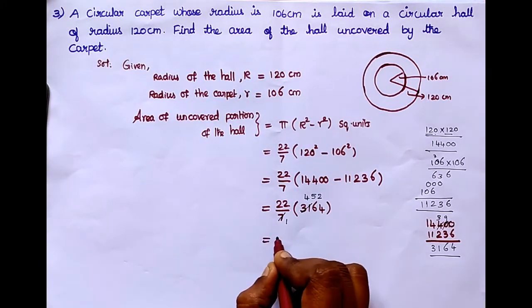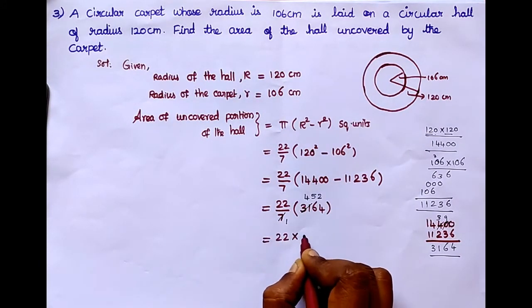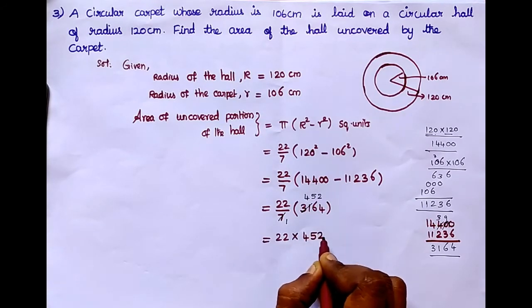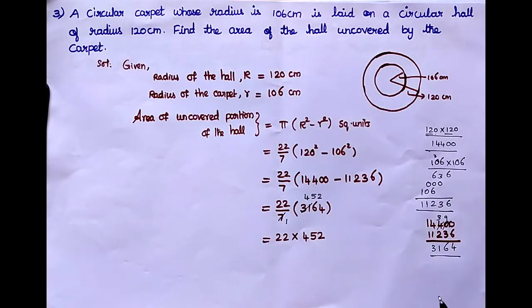So remaining numbers are 22 into 452. Now multiply this number. 452 into 22. 2 2s are 4. 5 2s are 10. Carry over 1. 4 2s are 8, 9. Second table also. So we get the same number, 904.